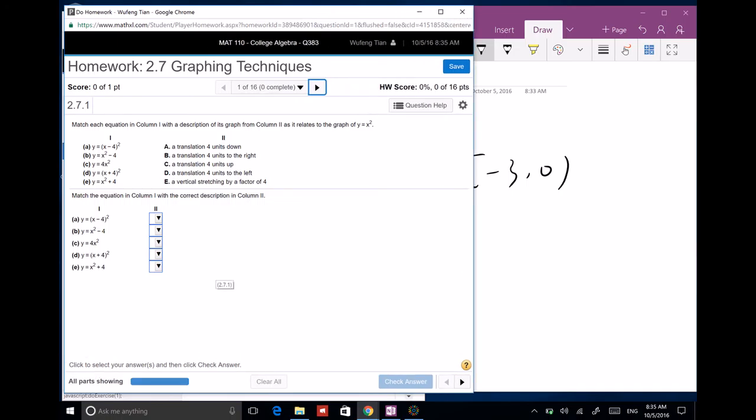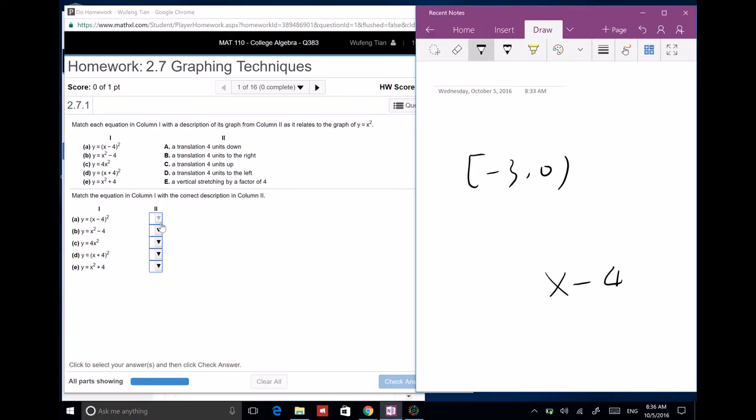Right, so match the equation in column 1 with the correct description in column 2. So x minus 4 is a translation of 4 units to the right, because if x minus 4 equals 0, then x equals positive 4.